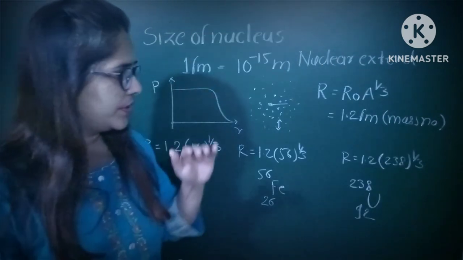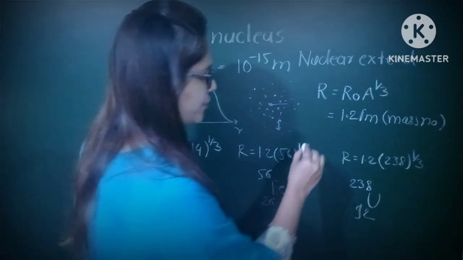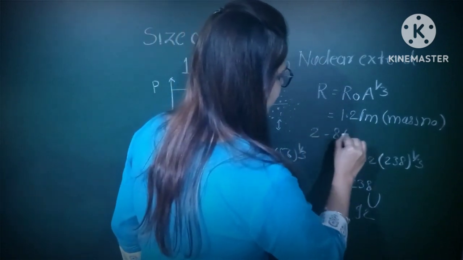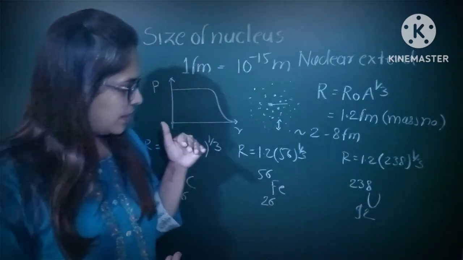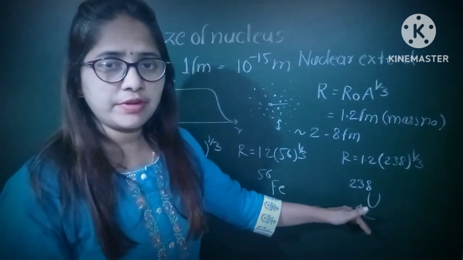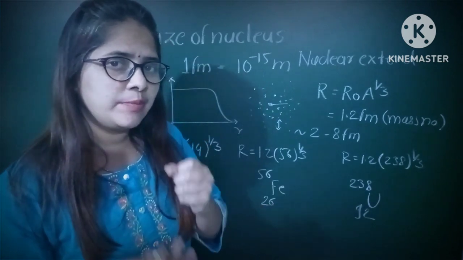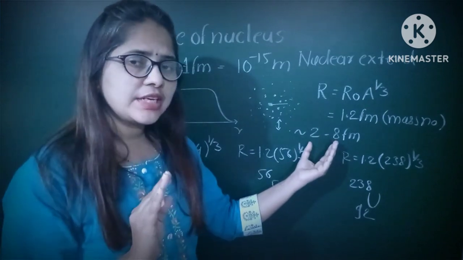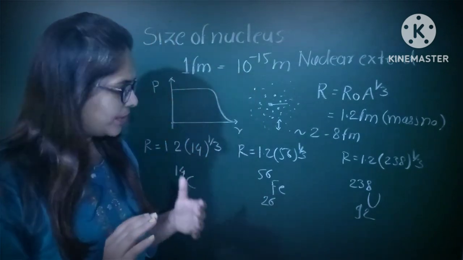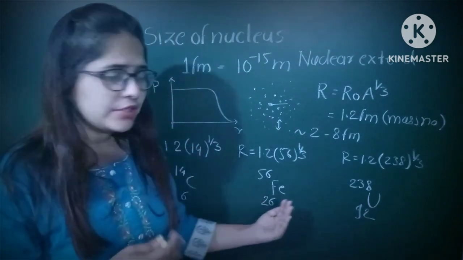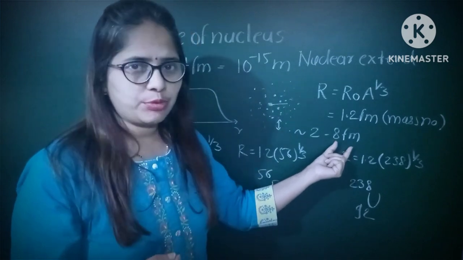It was found that the nuclear radial extent lies in the range of nearly 2 to 8 femtometers.